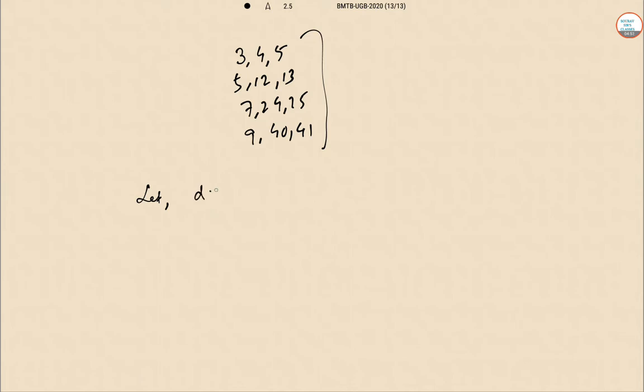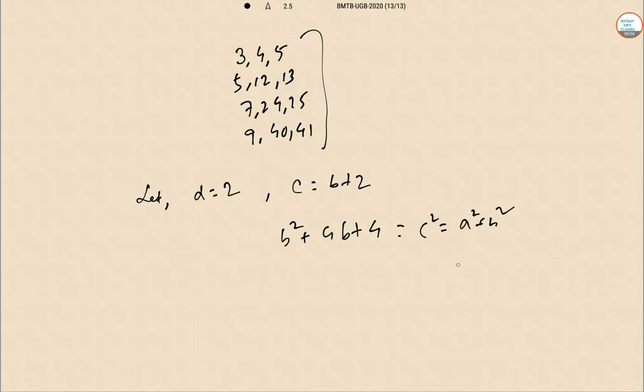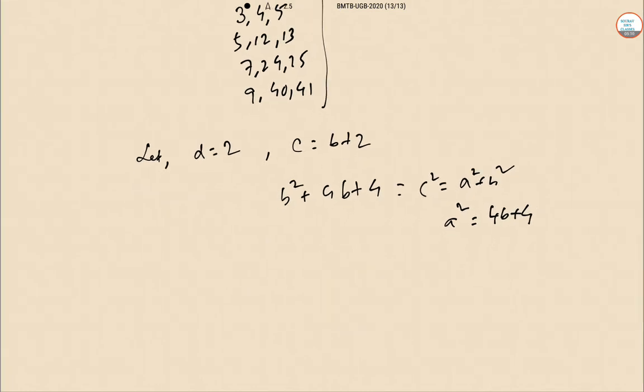Now the next case, d equal to 2. So c equal to b plus 2. So b square plus 4b plus 4 equal to c square equal to a square plus b square. So a square equal to 4b plus 4, so a is even. So a equal to 2k, and 4k square equal to a square equal to 4b plus 4.